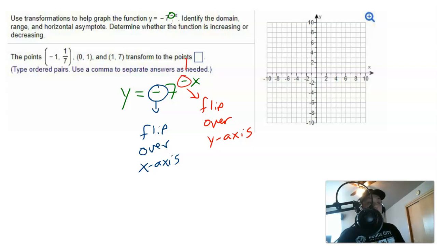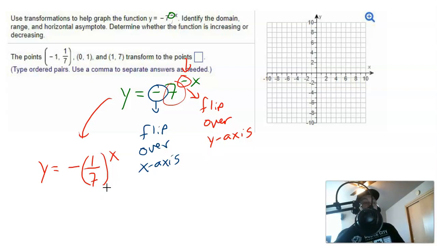The negative exponent can be made positive, so I'm going to rewrite this equation down here, by flipping the base over. So the negative sign stays where it is. The base, however, gets flipped over and becomes 1/7, and that makes the exponent positive. And that way you don't have to deal with flipping over the y-axis. This takes care of it for you.